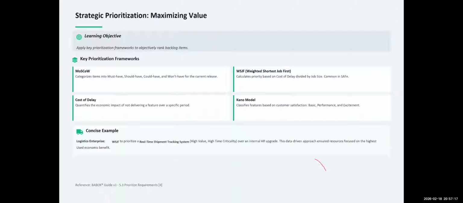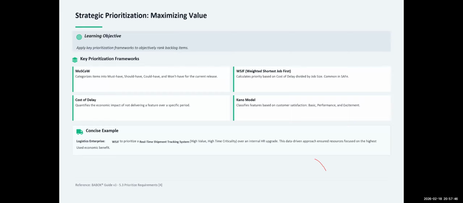If you take it out of the product, the product will still function. So you can rank your items in your backlog using this prioritization framework.